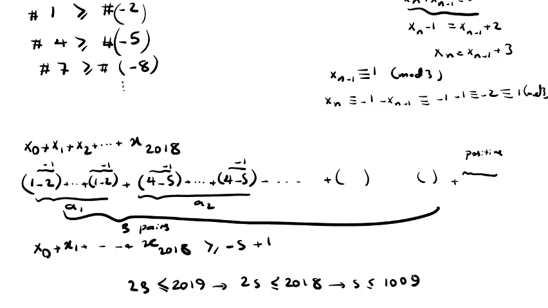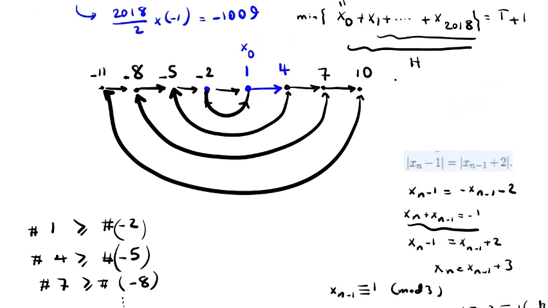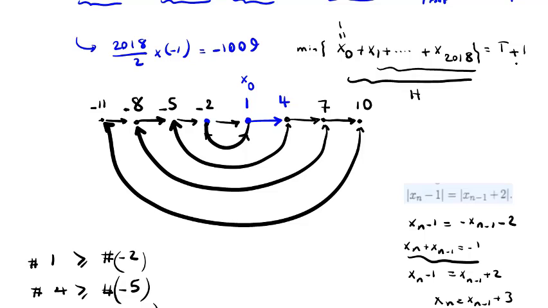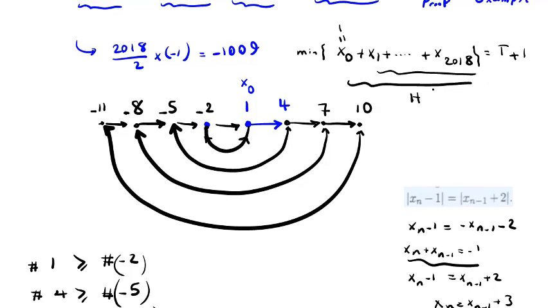So here we can say negative s is at least negative 1009. Plus 1 is negative 1008. So we found the minimum of this is negative 1008. Because we have plus 1 here, take it to the left-hand side, it will be negative 1009.